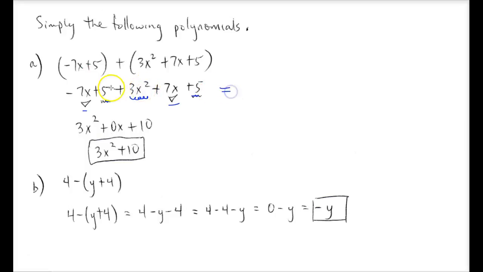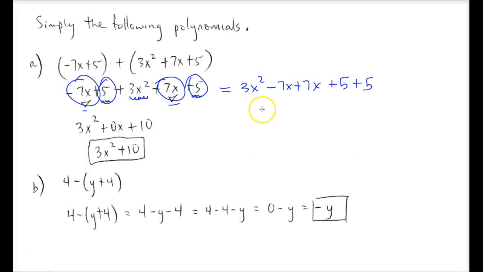So if I was to rewrite this, it would look like this: 3x squared minus 7x plus 7x plus 5 plus 5. And so basically I'm taking this and this and grouping it together, taking these two, grouping it together. And so now from here, you'll see that negative 7x plus 7x is just going to be 0 because negative 7 plus 7 is just 0.